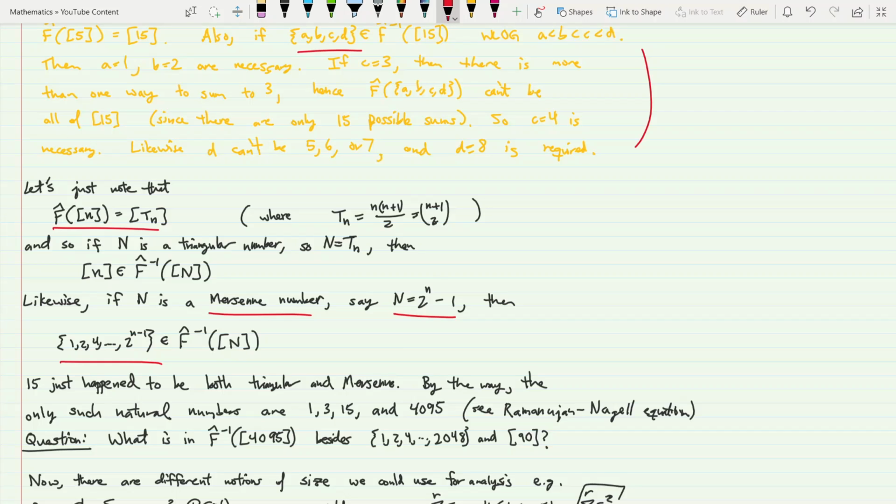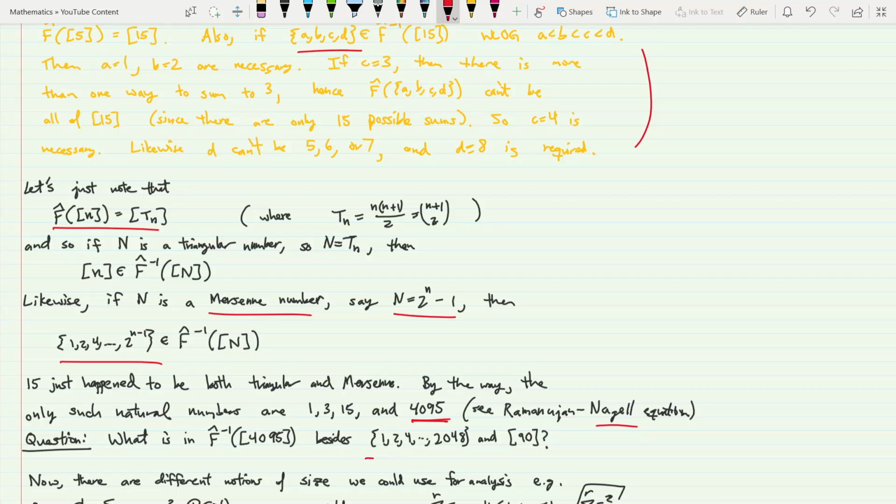So it might be worth looking for other numbers. What other numbers are both Mersenne and triangular? A kind of curiosity is that the next one is 4095, and actually it's the only other one. This was due to Nagell, where you can look up the Ramanujan-Nagell equation. So I guess the next question is, maybe it's not so trivial.